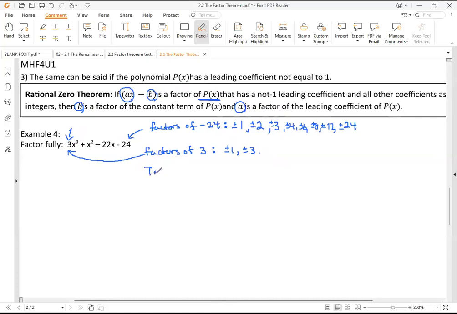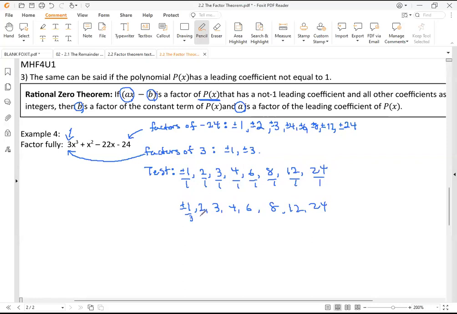So the numbers that you have to test are 1, 2, 3, 4, 6, 8, 12, and 24 over 1, as well as 1, 2, 3, 4, 6, 8, 12, 24 over 3.